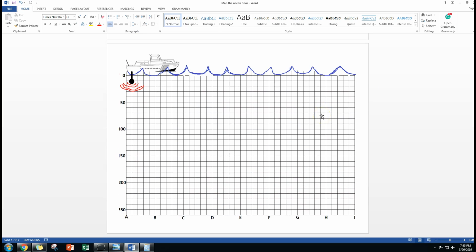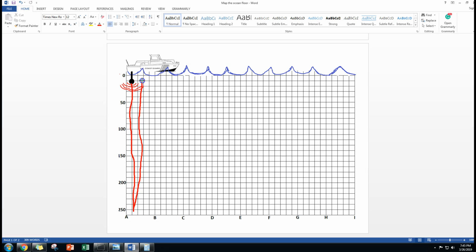What that is saying is it took 0.2 seconds for that boat to send a signal all the way to the bottom, hit something, and go all the way back.